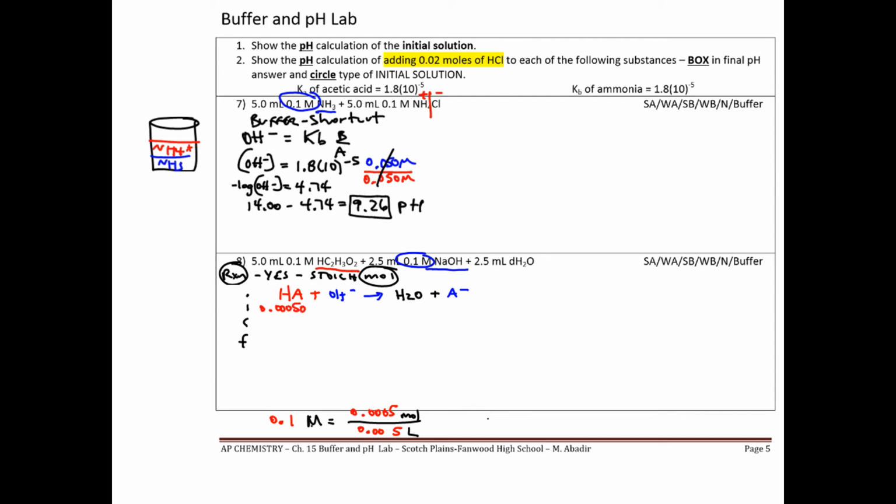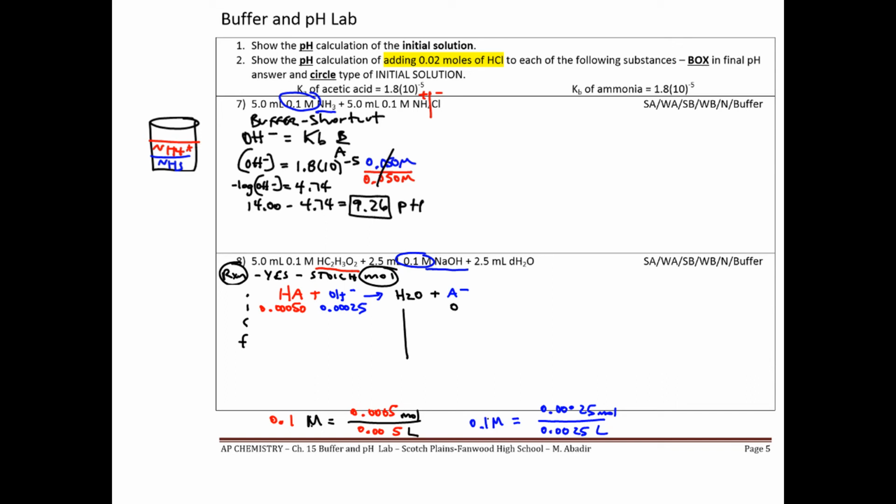And then you're going to do the same thing for the OH. But be careful, because the OH was 0.1 molar. However, you only used 2.5 milliliters, so 0.0025 liters. So that's going to be 0.00025 moles. So that goes over here. And then we don't care about the water.